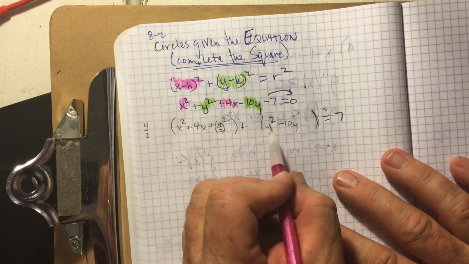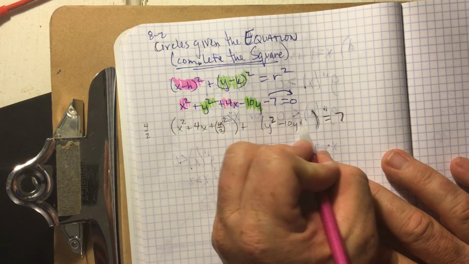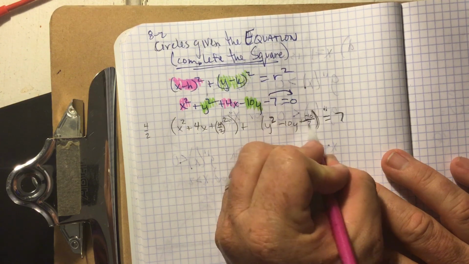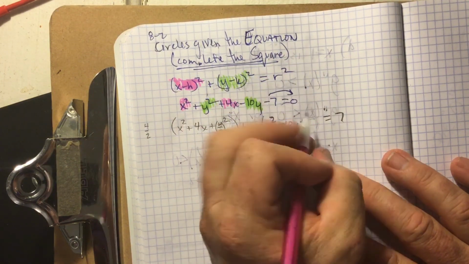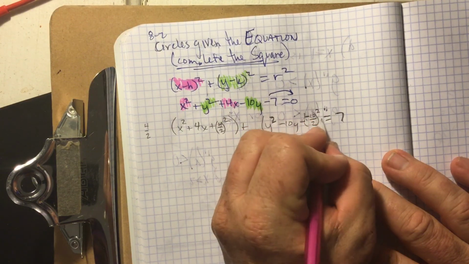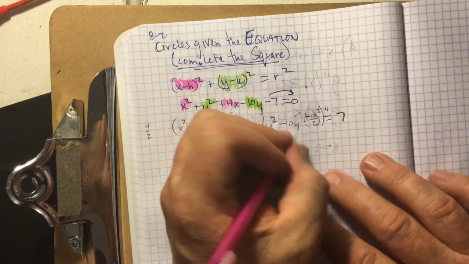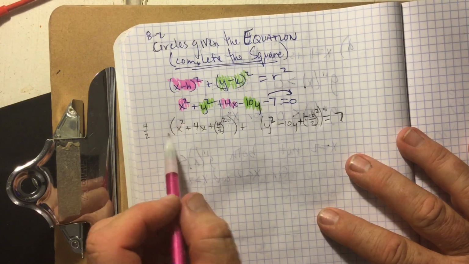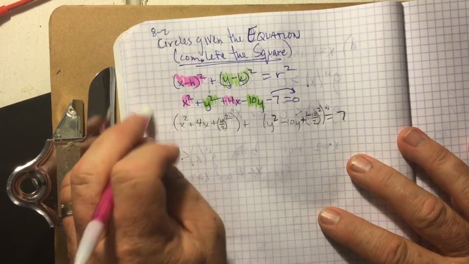Now, I'm going to also do b, which is negative 10 divided by 2, and I'm going to square that. Okay? Because that's completing the square. That's an addition sign. All right, so remember what we talked about before.